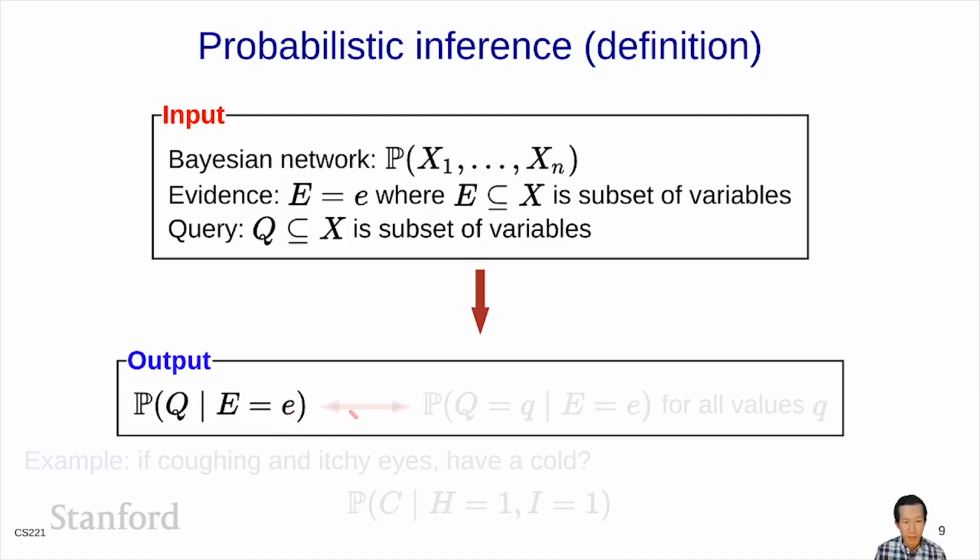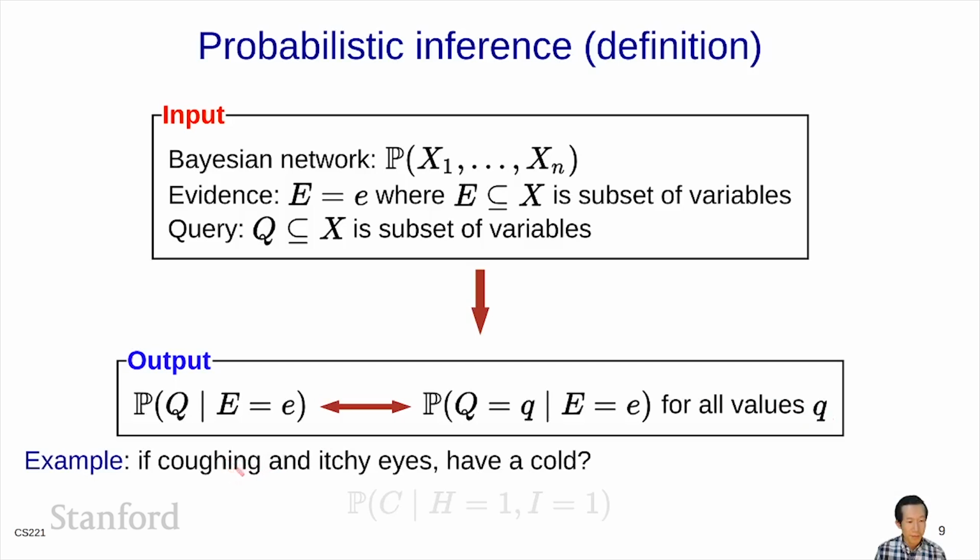And just to be very precise about what this means, this is the probability Q equals q given E equals e, for each value little q. For example, if I have a cough and I have itchy eyes, do I have a cold? This is expressed as this probabilistic inference question: what is the probability of a cold conditioned on coughing and itchy eyes? So this is a formal definition of probabilistic inference.